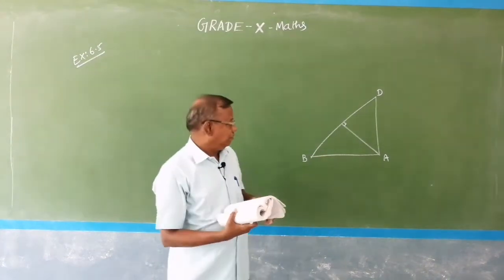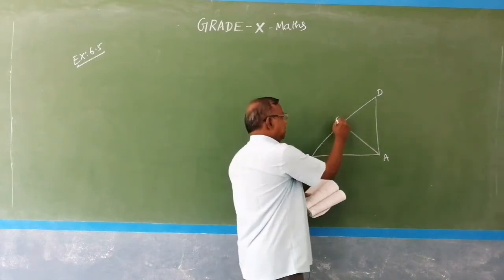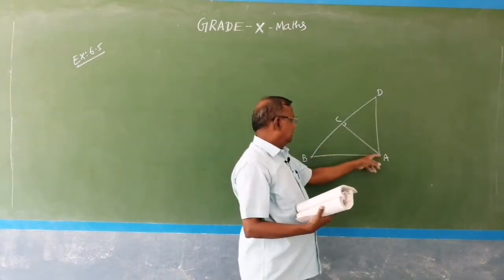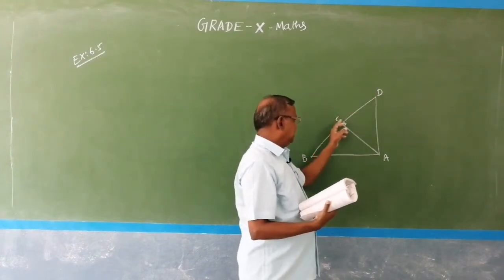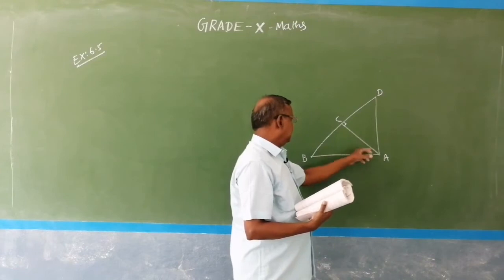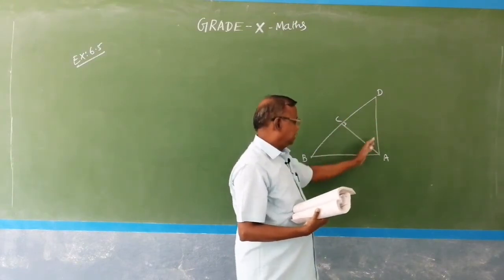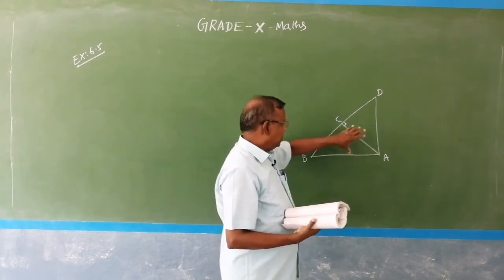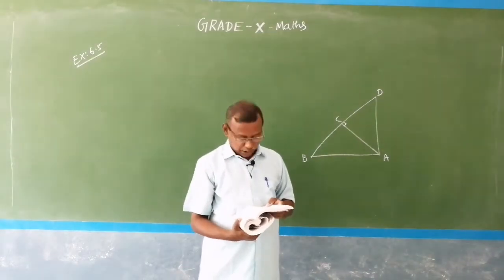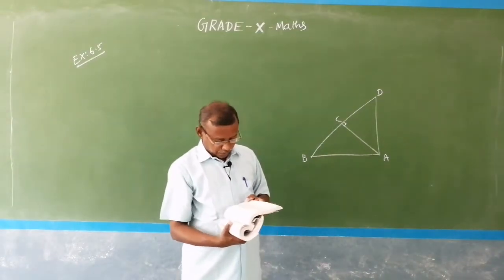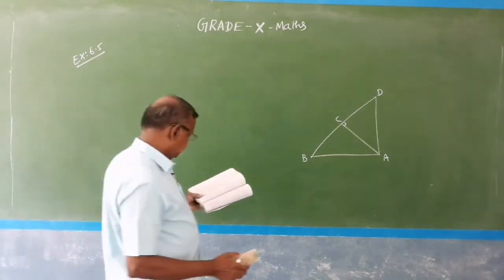You can easily first prove that these 2 smaller triangles, triangle DCA similar to triangle ACB, and each triangle is similar to the bigger triangle, as we have done earlier. Based on this concept you can simply solve this. So, question number 3 is homework.